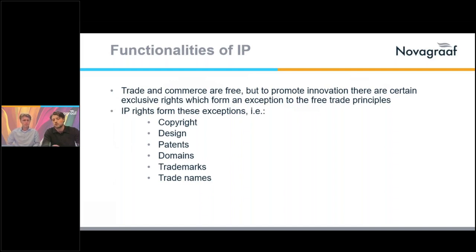But also think of other rules like competition law. For us, the most important exclusive rights are intellectual property rights, and these exceptions give a kind of reasonable monopoly to the holder of those rights. These examples are listed below. There are more, but these are the ones we will be discussing today.